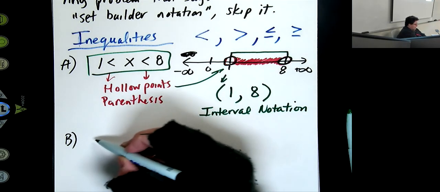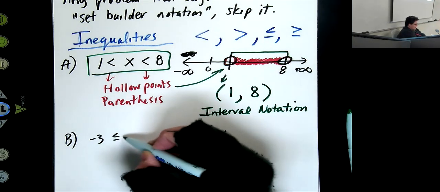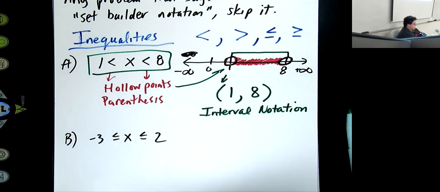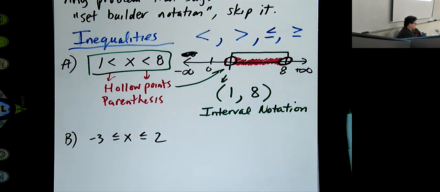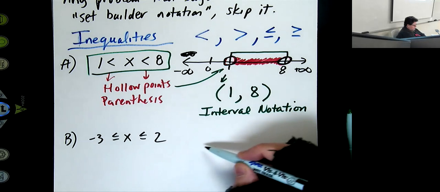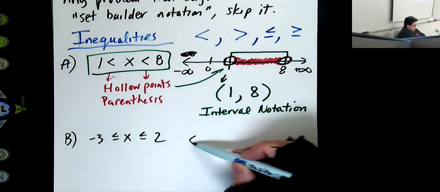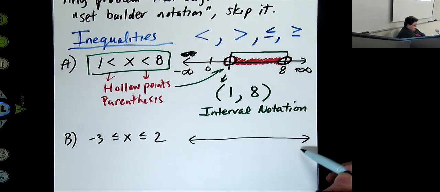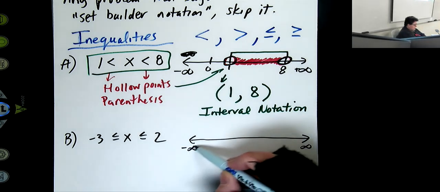Let's do another interval where I have -3 is less than or equal to x is less than or equal to 2. I can do my number line again. Infinity, negative infinity.